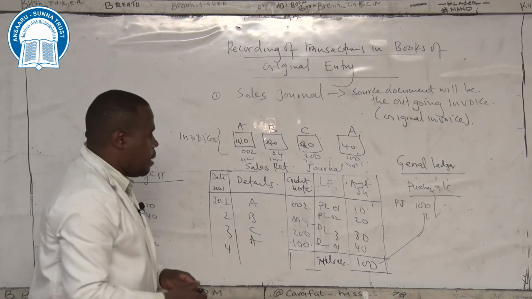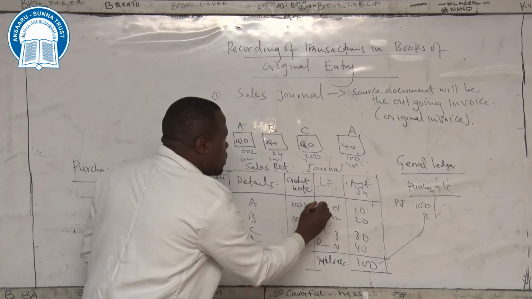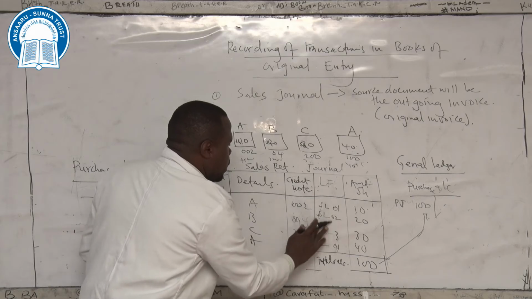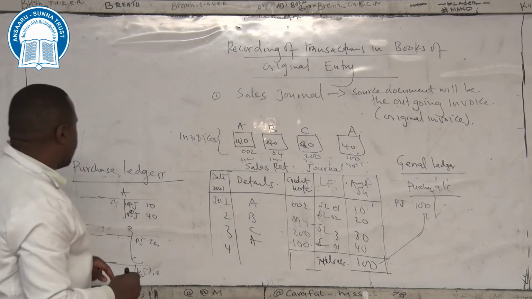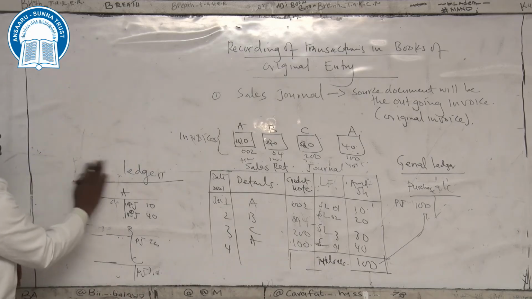Information will be the same, but here now we are going to have the sales ledger. This one will change to sales, and this one will also change to sales.